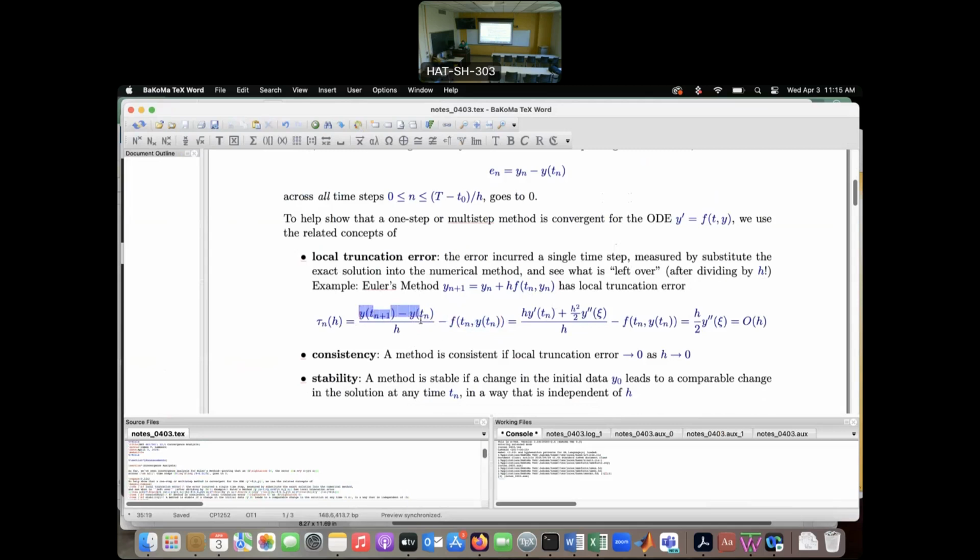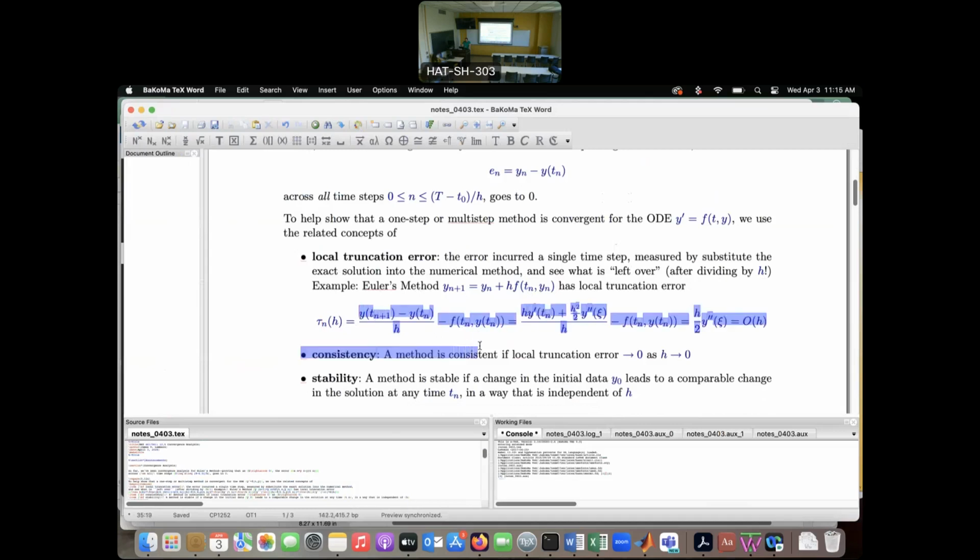If this was the exact derivative, instead of this difference quotient, then all this would be 0. But because there's an approximation here, we're going to have something, and that something is labeled tau_n. Tau is the letter conventionally used for local truncation error. So this is how the local truncation error is defined.